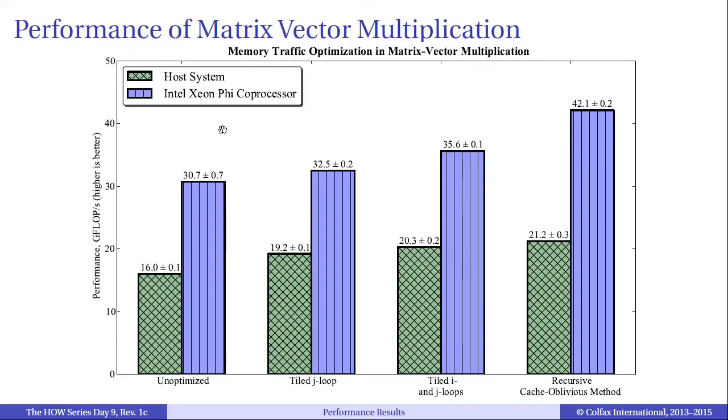So we started here. This is the unoptimized code on Xeon and on Xeon Phi. Then we tiled the J loop, and it improved performance on both platforms. But this time we found that there is not enough parallelism in the outer loop. And to fix that, we strip mined the loop in I, collapsed loops, and also I found that permuting some loops is also useful in this case.